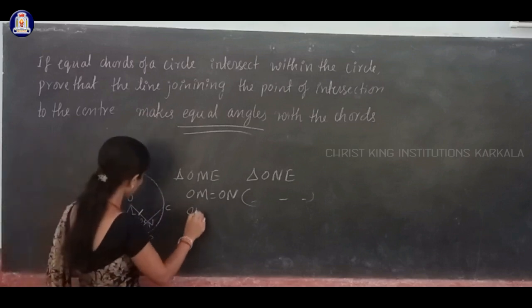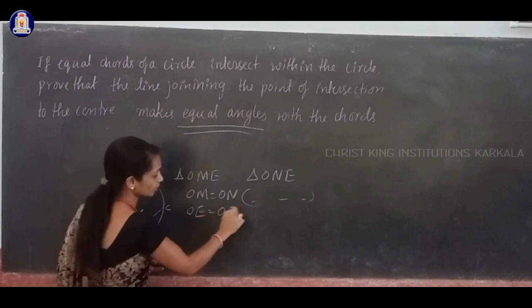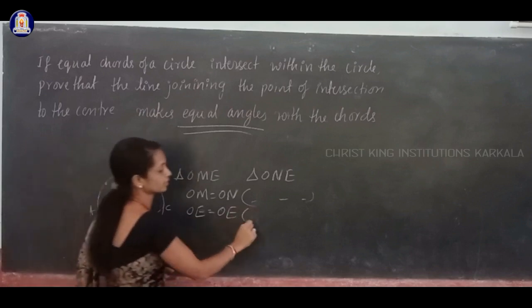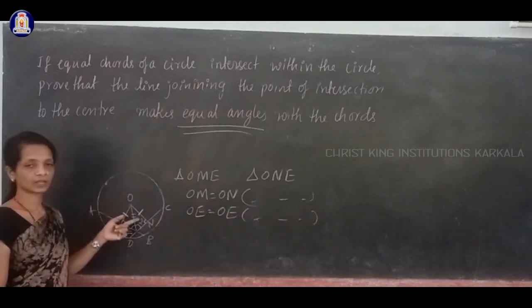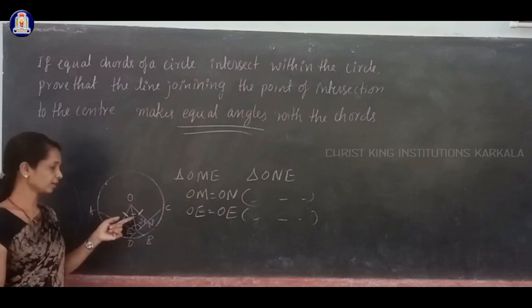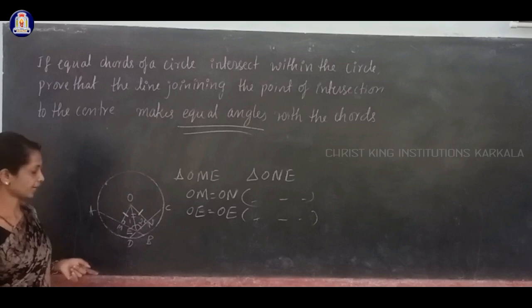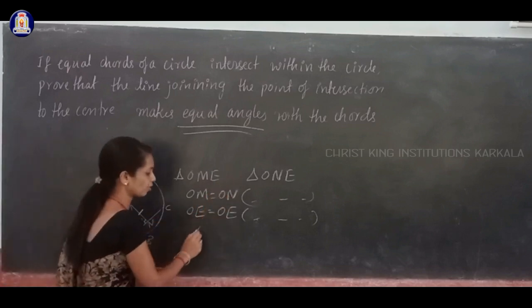And in the figure you can observe that OE is equal to OE. That is the common side, belonging to both the triangles. That reason you have to write here: common side. And since OME and ONE are both right angled triangles, by which congruence rule can we say these two triangles are congruent?